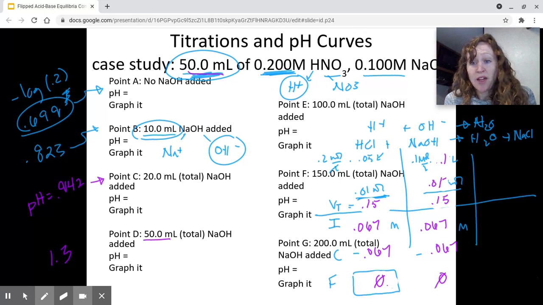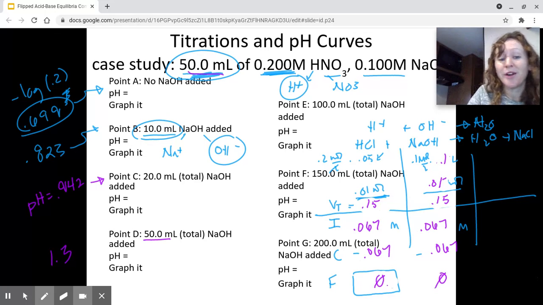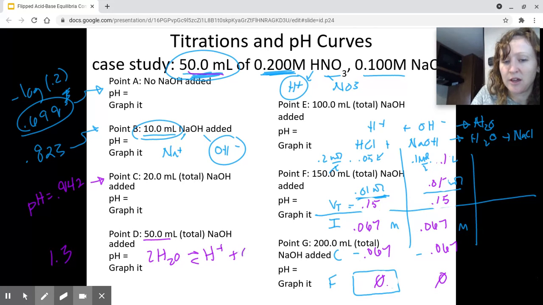I'm left with none of each. So if I have no strong acid and no strong base, what is present to affect my pH? Water. Water is present to affect my pH. So in this case, we are dealing with the autoionization of water, which I know the Ka for at 25 degrees Celsius.